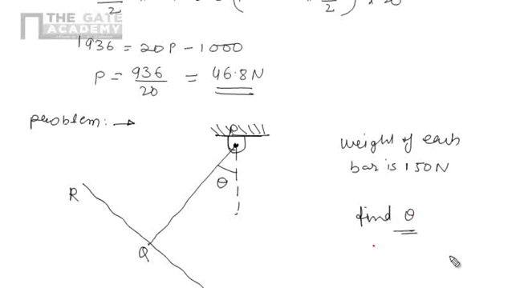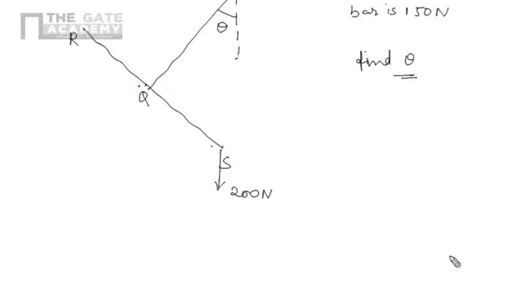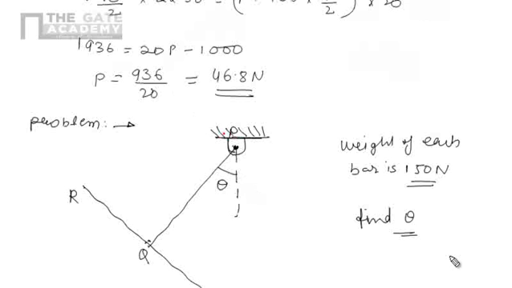If you see, there are two prismatic bars PQ and RS which are welded together, the weight of each bar is 150 Newton, and here we are applying the load of 200 Newton. By the application of 200 Newton, it will rotate about the hinge and make an angle theta, and after making the angle theta, it will be at rest.